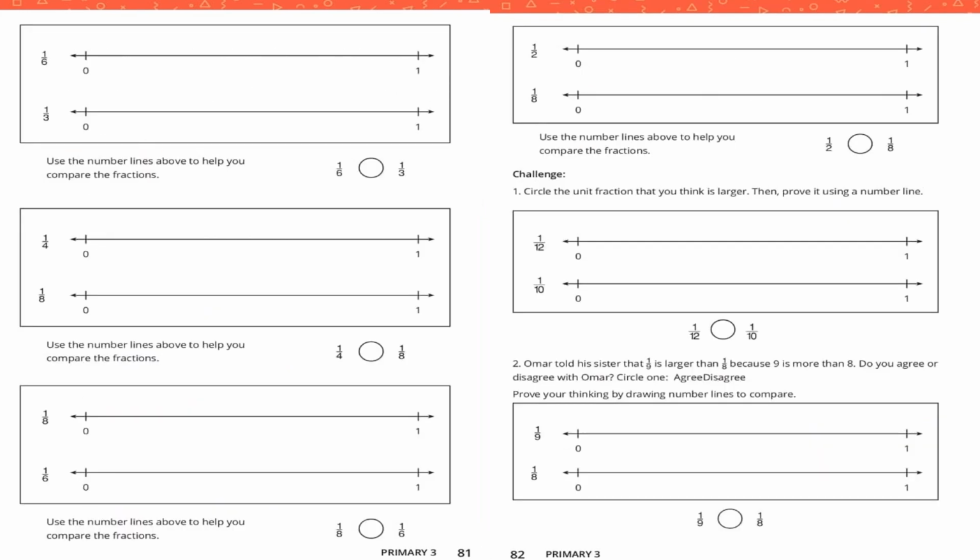Let's complete the previous example, comparing between 1 over 6 and 1 over 3. Let's represent each fraction. 1 over 6, it means 6 as a denominator, it means 6 equal parts. So you should split this number line into 6 equal parts. By making how many dash to make 6 equal parts?